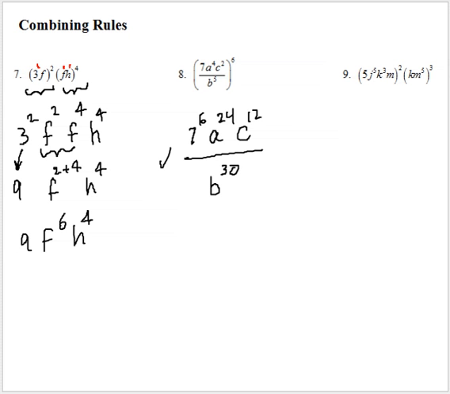All right, the last one. Sandra, we have 5 to the power of what? 2. J to the power of what? 10. Good. And k to the power of what? 6. M to the power of 2. And then continue, k to the power of 3. And m to the power of what? 15. Good.